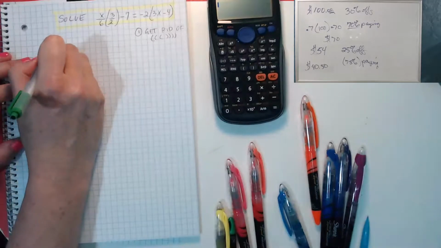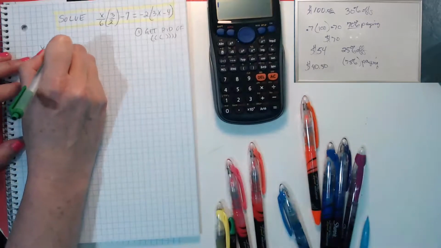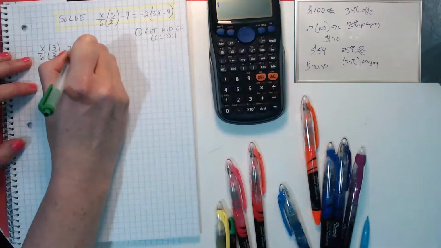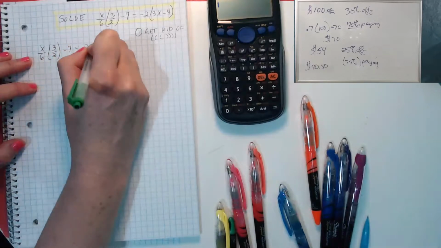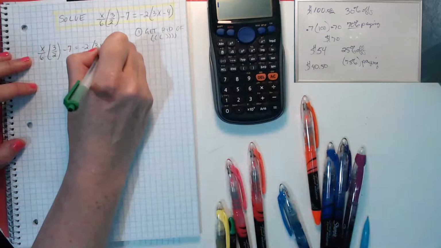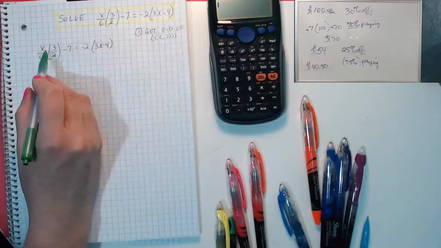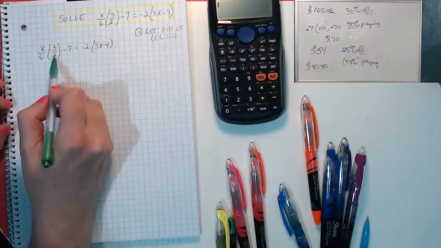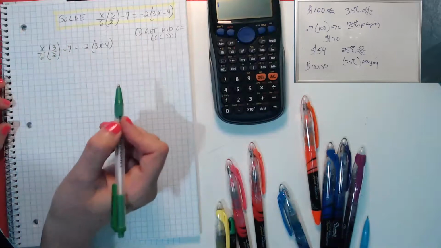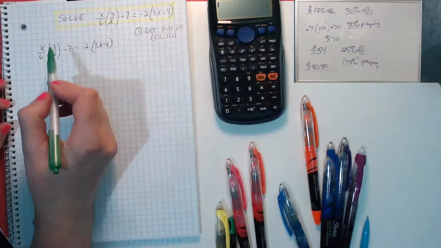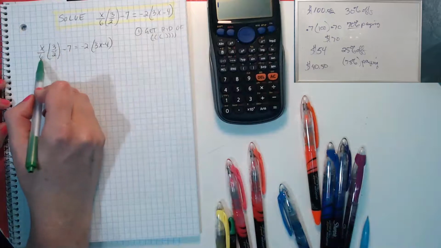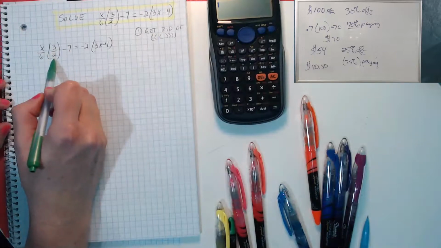X over 6. I'm going to do this one kind of slow. This has a lot of steps in it. And I know you're all different levels. The way I do this problem is to always keep things as simple as possible, the numbers as small as possible. You've got an x and a 3 on top, a 6 and a 2 on the bottom.